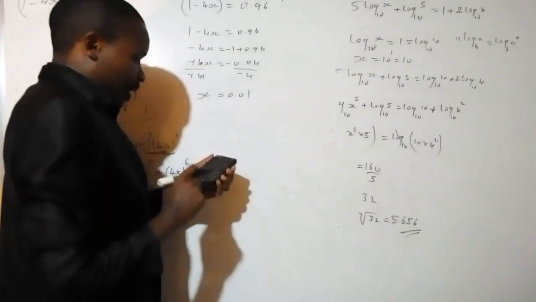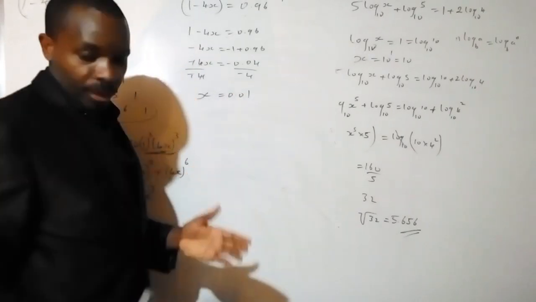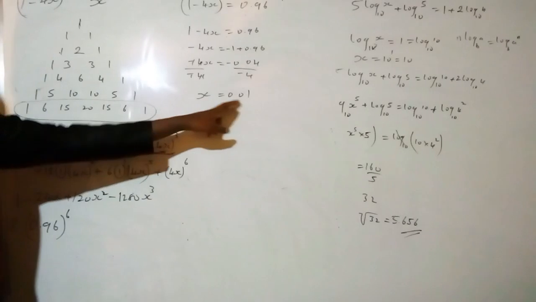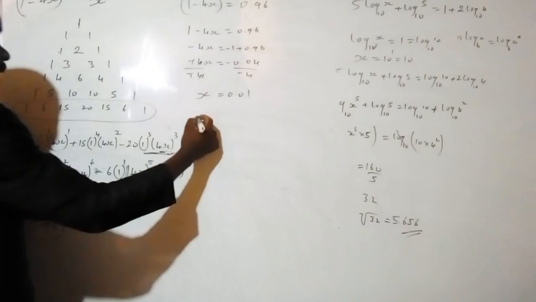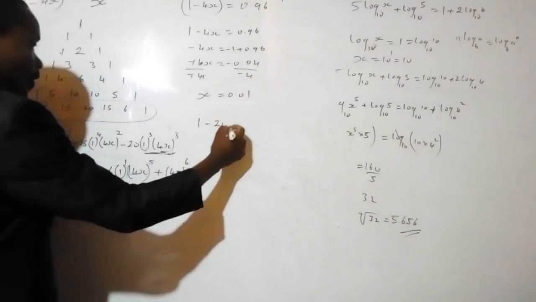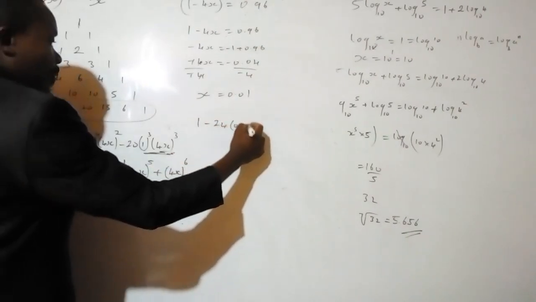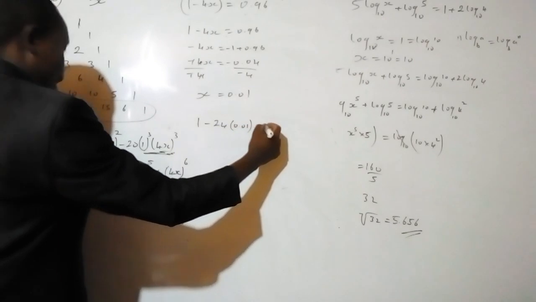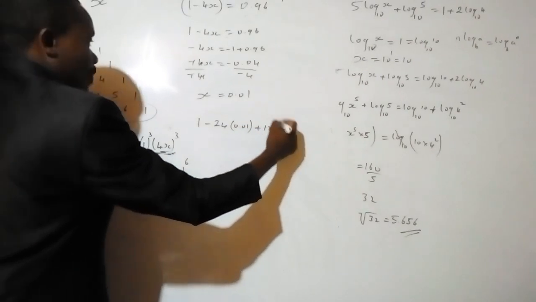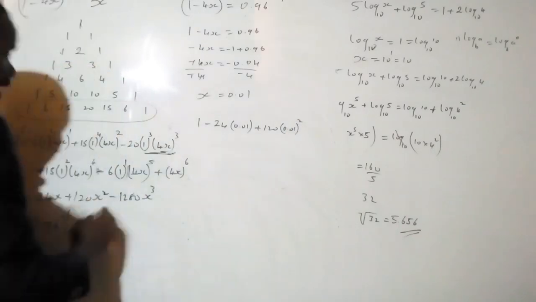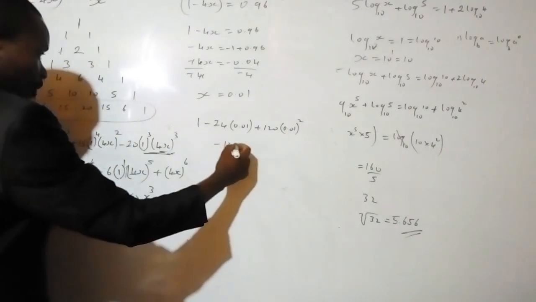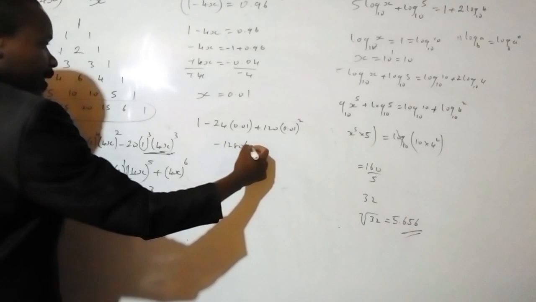Yeah, 0.01. Now, this is what you are going to substitute in our expansion here. And we say 1 minus 24, open the bracket, 0.01, plus 120, open the bracket, 0.01 squared, minus 1280, open the bracket, 0.01 cubed.